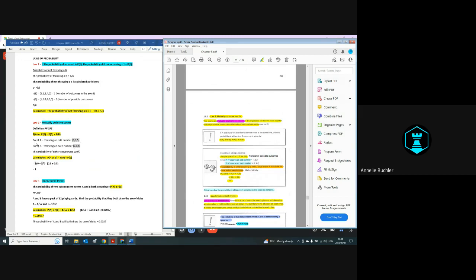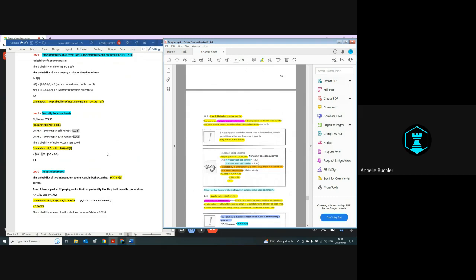If event A is throwing an odd number, 1, 3, 5, and event B is throwing an even number, 2, 4, 6, the probability of either occurring is 100% because both can occur at the same time. So you're going to do the calculation. The probability of A or B equals the probability of A plus B. So the probability is 3 out of 6 and 3 out of 6, because the probability of either occurring is 100%.